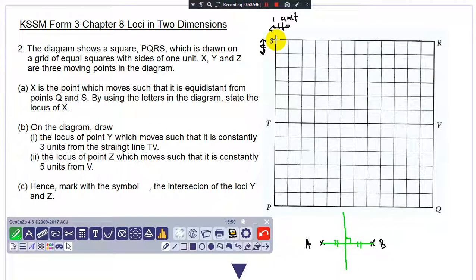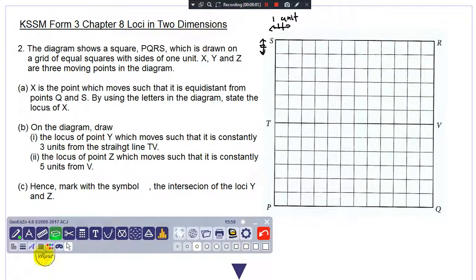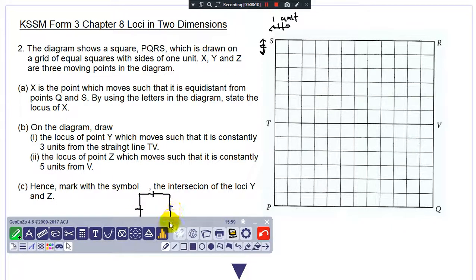One point S is over here, another point Q is over here. So this will be the locus. Let me explain a little bit. Since this is a square, all the sides are the same length.